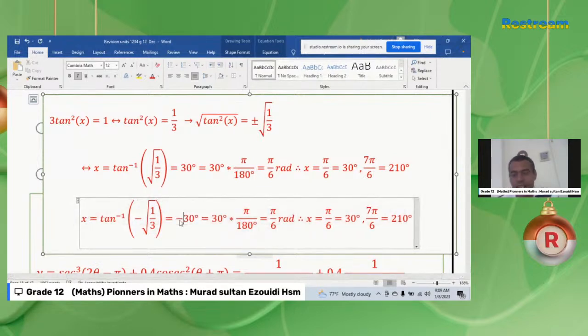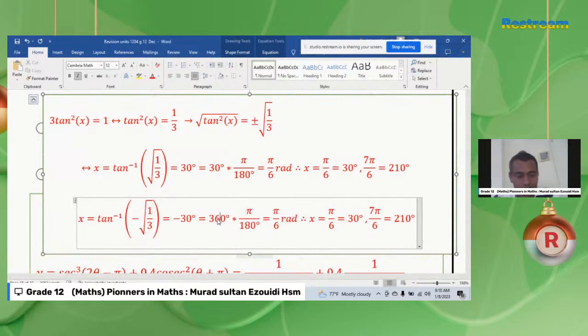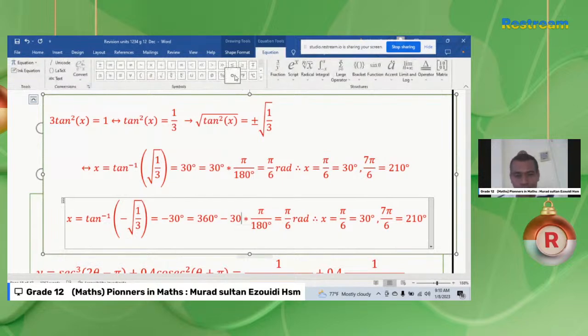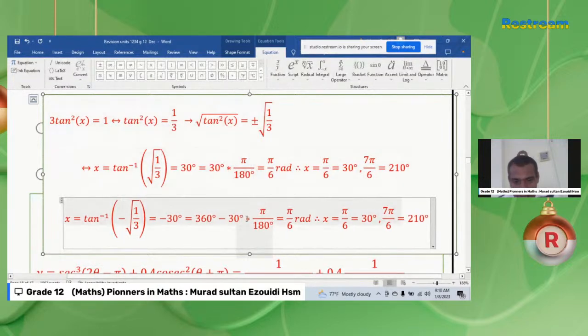And negative 30 degree, boys, it will be 360 plus negative 30, which means negative 30 degree. You know that in the fourth quadrant and in the second quadrant, tangent is negative.